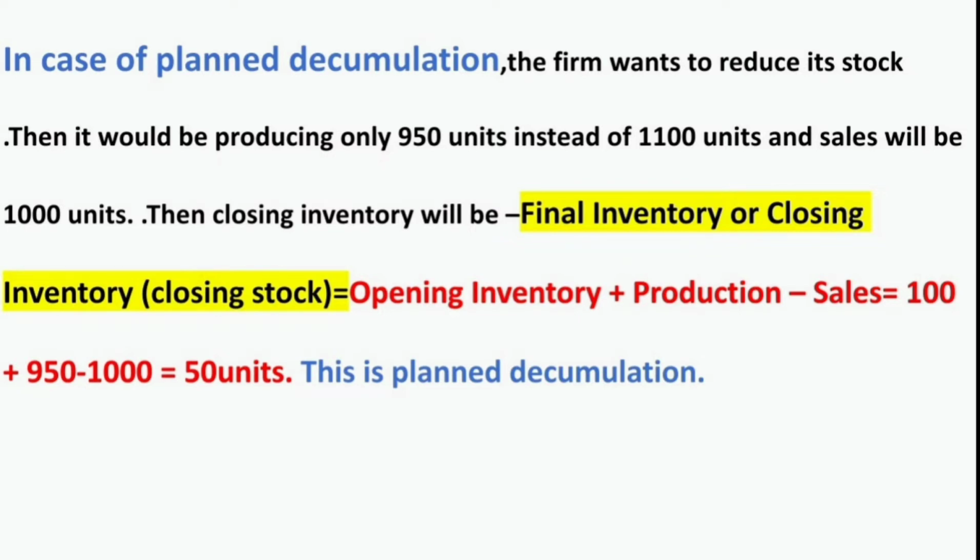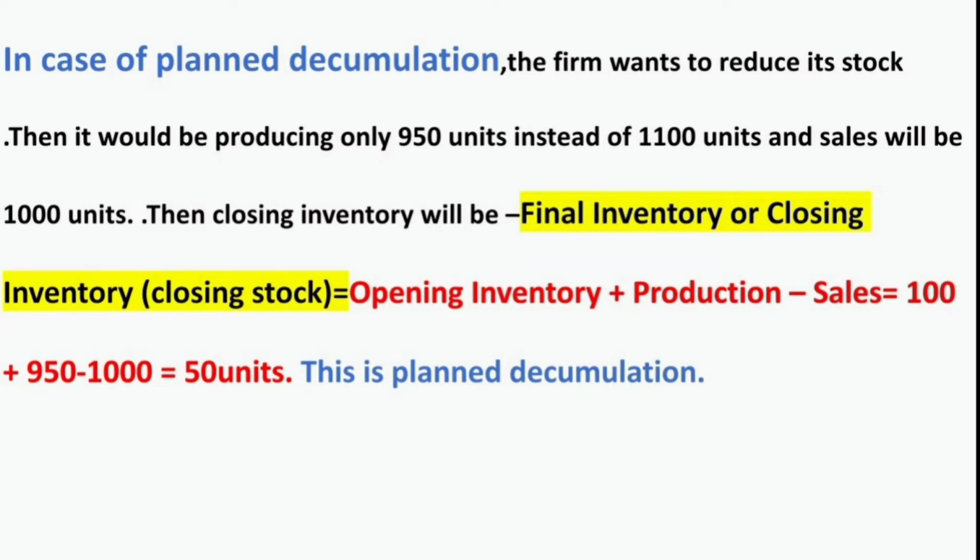In that case, if sales is equal to 1000 units, production is equal to 950 units, opening stock is 100 units, then the closing stock for that year, final stock, final inventory, is equal to opening stock plus production minus sales.